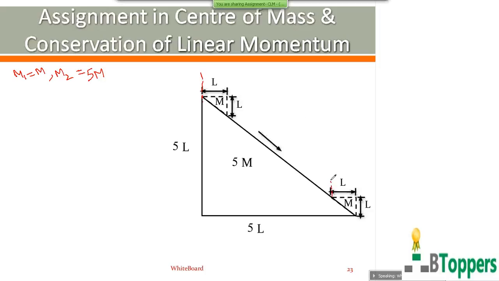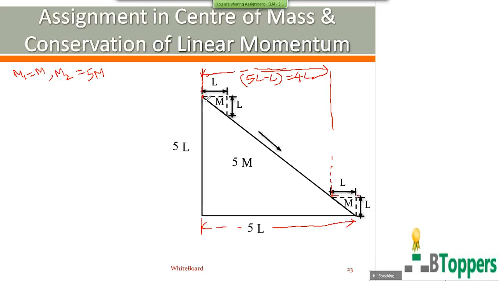When it reaches the other position shown at the bottom, the horizontal distance moved by the smaller prism relative to the bigger prism, means this distance, you can observe from here to here it is 5L. From here to here it is L. So 5L minus L, that will be 4L.